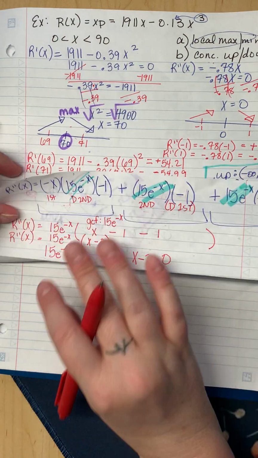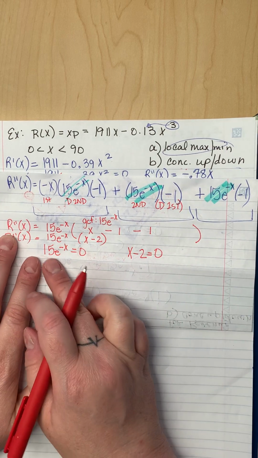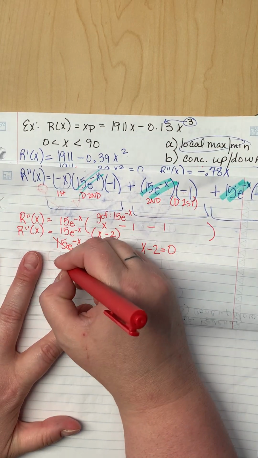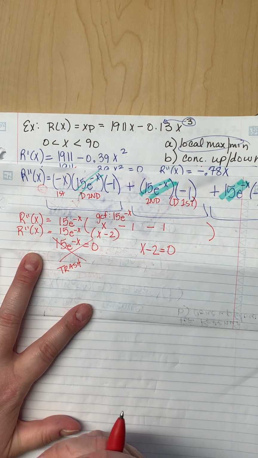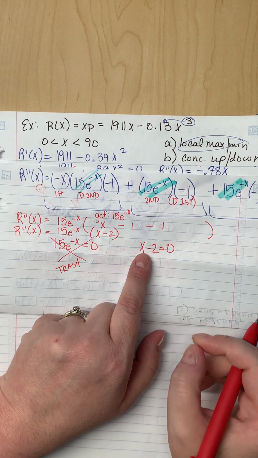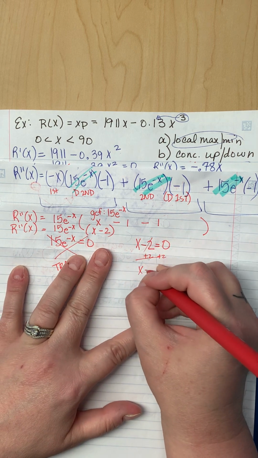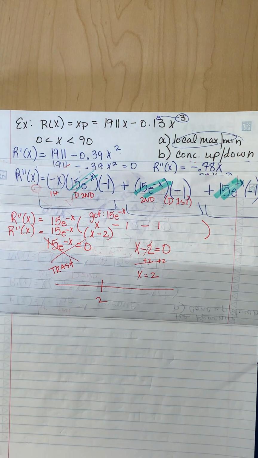Anytime you have an e and try to set it equal to 0, it gets trashed, because we don't know how to solve it yet. But over here, x minus 2, we know how to solve: you just add 2. And that's the number I put on my number line.